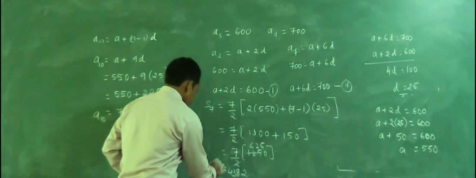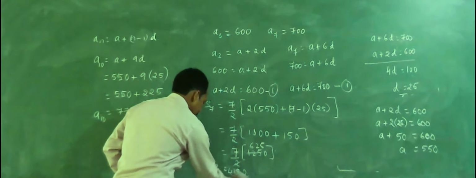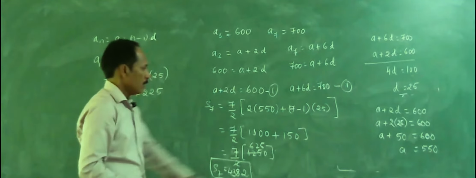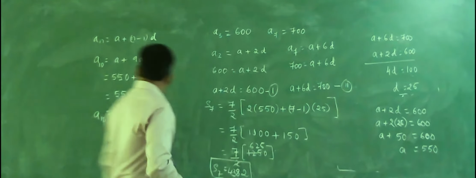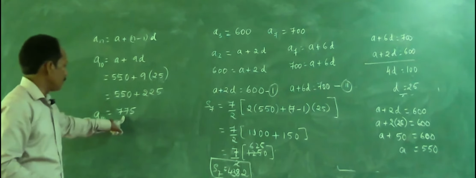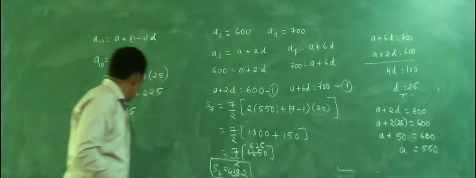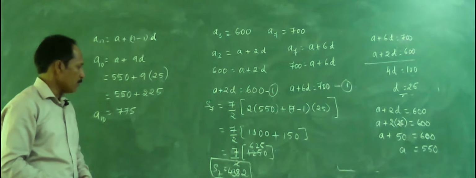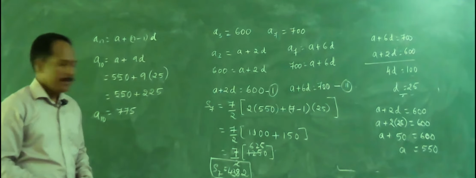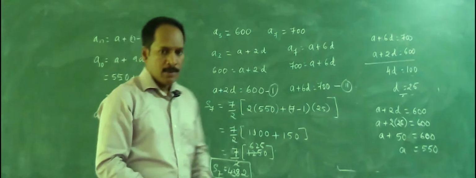So this is S7. You got 3 answers: first year 550, 10th year 775, and total for 7 years they have produced 4,375 televisions. Okay.